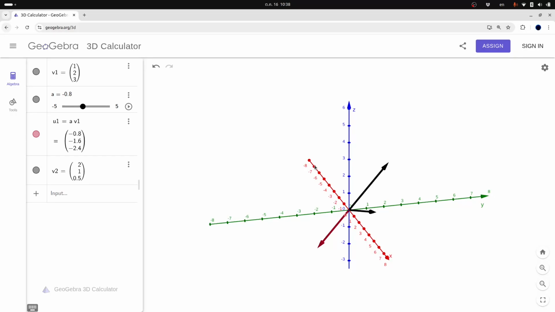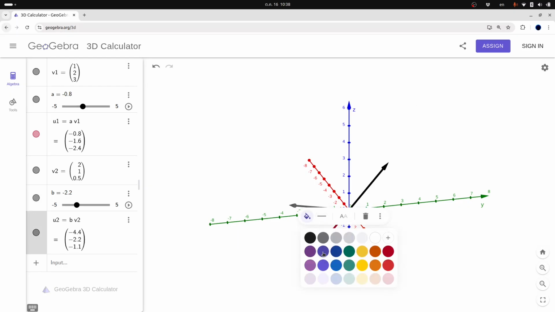Okay. So now let me do it here. Let me give another variable b equals 2, and then u2 is b times v2. So I can move this around. Let's make it blue.